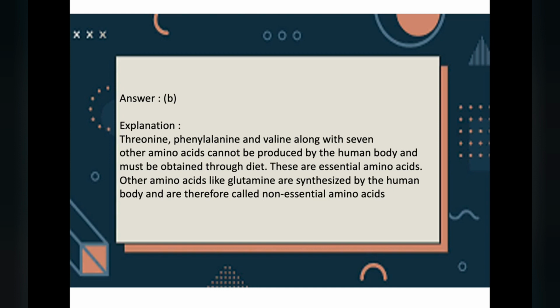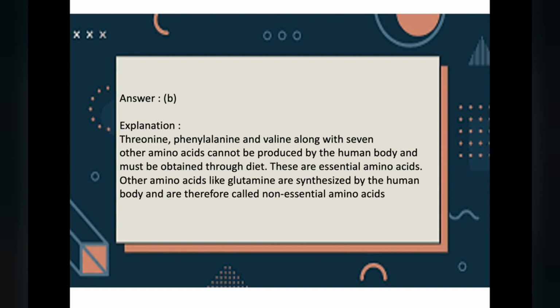Threonine, phenylalanine and valine, along with the other amino acids, are not produced by the human body, and we can get them only through diet. So these are all essential amino acids, but certain other amino acids are made by the human body, for example glutamine. Therefore they are called non-essential amino acids. Hope you get that clearly.